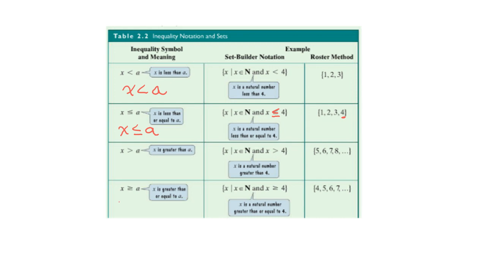Same thing down here. x is greater than or equal to 4 means we're going to use 4 and include it in our roster notation. So if we have less than or greater than, you do not include that value, whatever that value may be. If it says less than or equal to or greater than or equal to, you include that value.